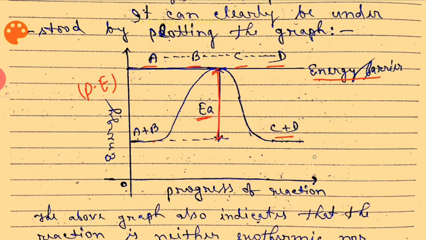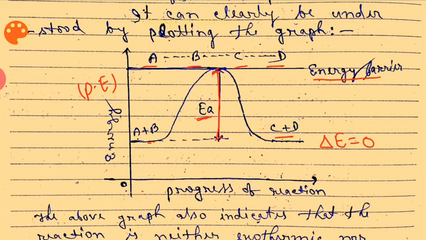So no problem in it, and this reaction is neither exothermic nor endothermic. Why? Because energy of reactant molecules is equal to the energy of products, means here delta E will be 0.